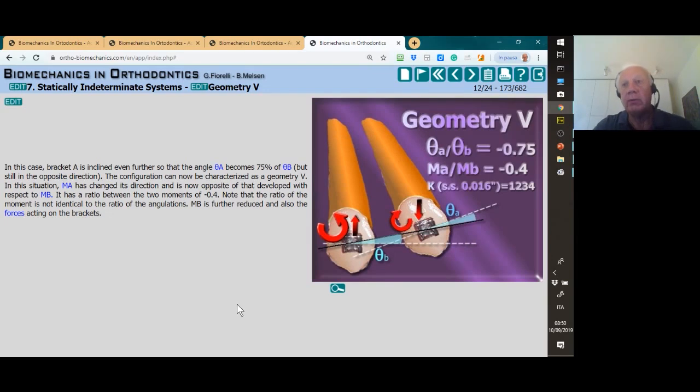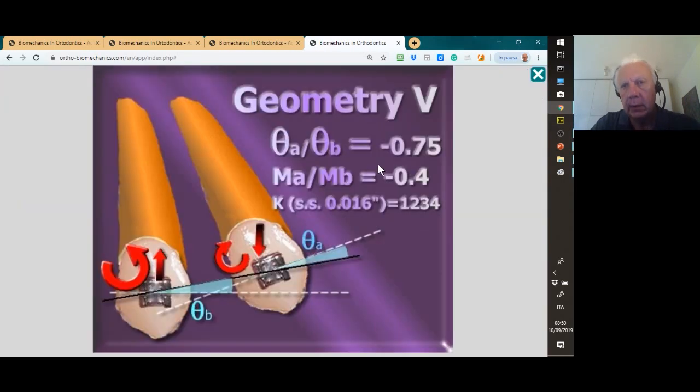Now we have geometry 5, and in geometry 5 we have this bracket, this angle, which is opened in the opposite direction, and finally we have a moment which is oriented in the opposite direction as it was before.